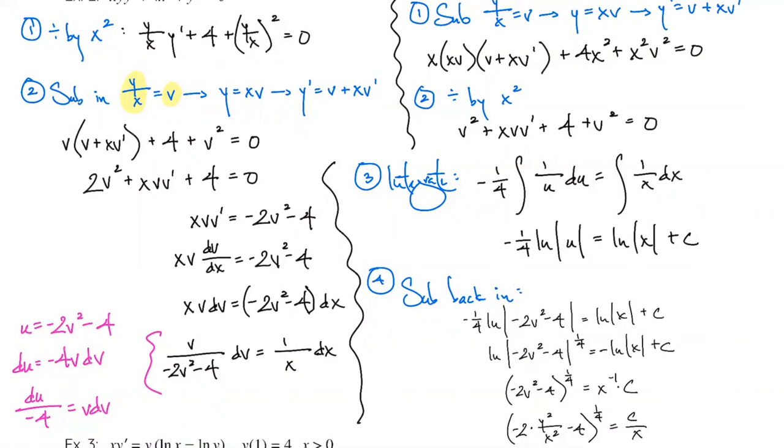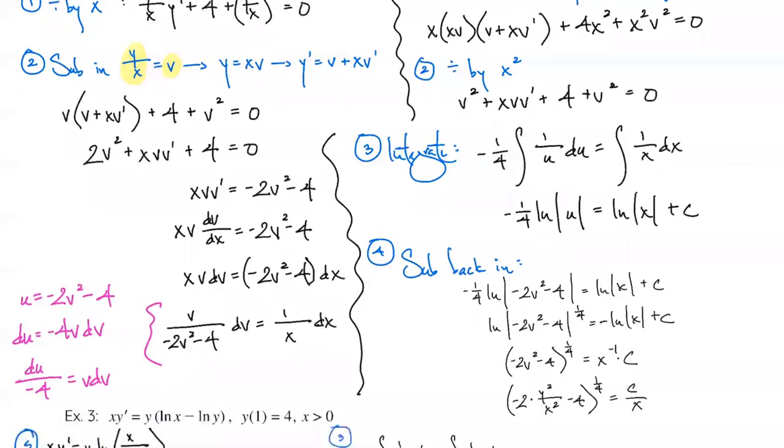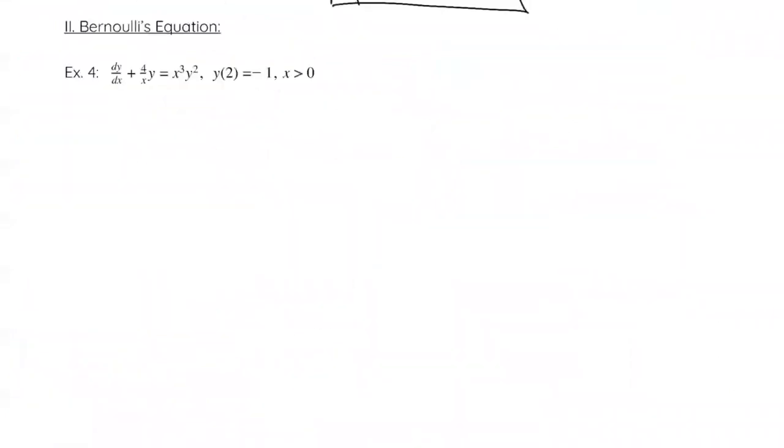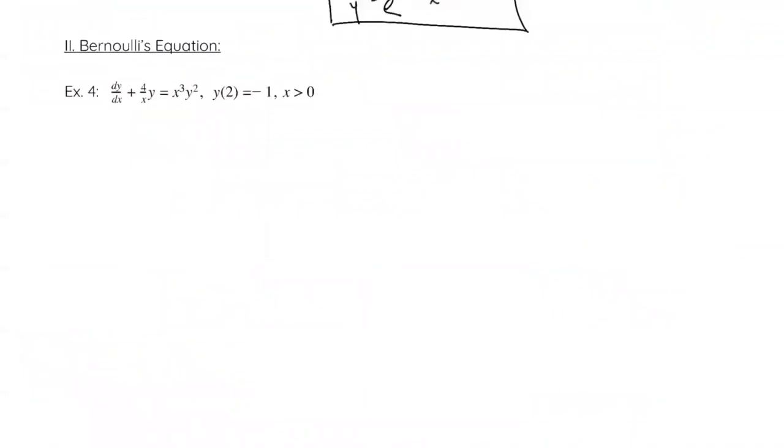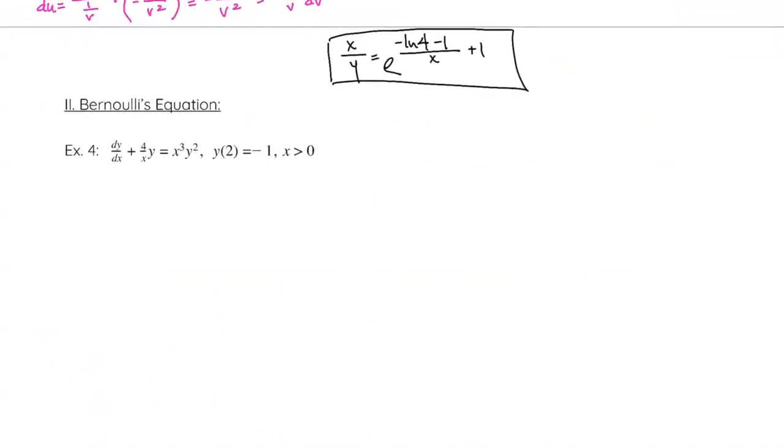So today, we are going to take a look at something called Bernoulli's equation. Okay, and so these will be a little bit of a different flavor. And when we are doing these, what we're going to be looking for is the following. We are going to be trying to turn these equations into linear equations.